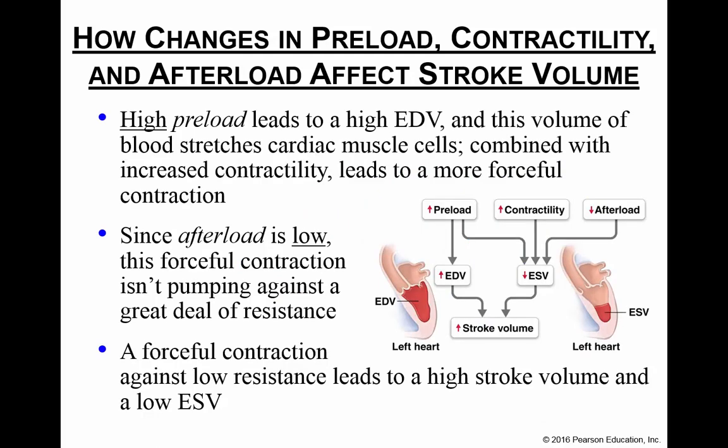Changes in preload, contractility, and afterload can affect the stroke volume, because higher preload causes higher end diastolic volume. This stretches your cardiac muscle cells because they've got more volume in them. When you combine that with more contractility, you get a more forceful contraction.